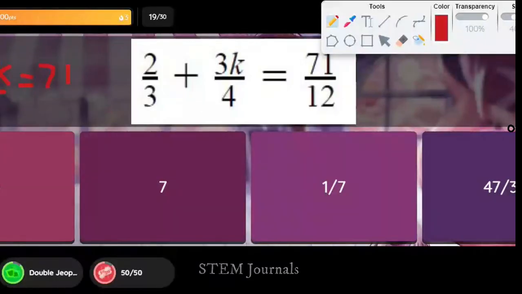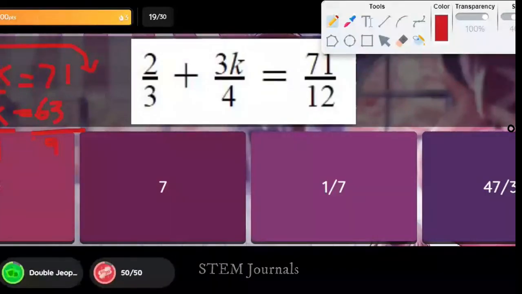So transfer natin si 8 sa kabilang side. So this will be 9K equals 71 minus 8, 63. And then divide both sides by 9. Which is 7. So our K here is 7.